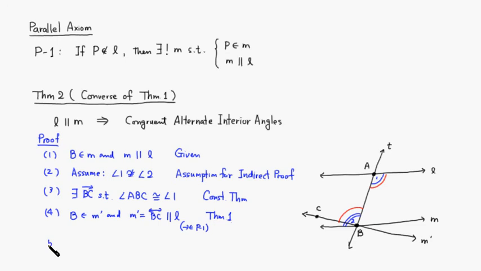So therefore 5, we know that angle 1 must be congruent to angle 2, which means that they have congruent alternate interior angles, right? That's it. So with this added extra parallel axiom, the converse of theorem 1, which is theorem 2, is actually true, right? That's it. I hope that this was clear.